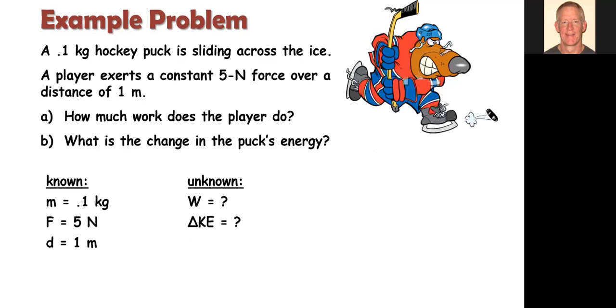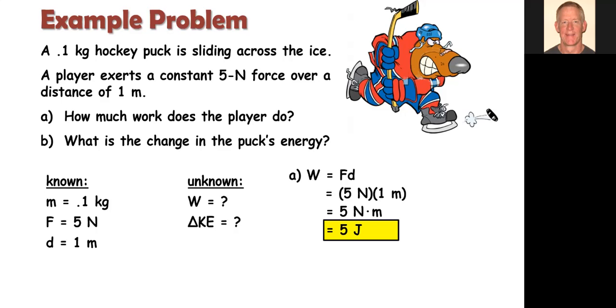So the work, we know that, right? Force times distance. And we're given, what are we given? The mass, the force, and the distance. So we have everything we need to calculate the work. So if we plug in 5 newtons times 1 meter, we get 5 Newton meters, or 5 joules worth of work.